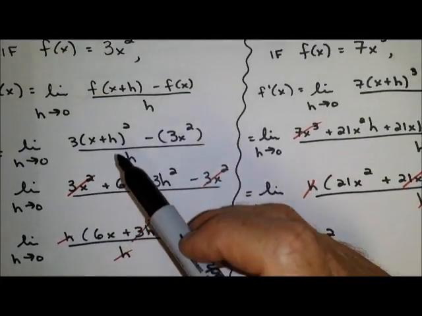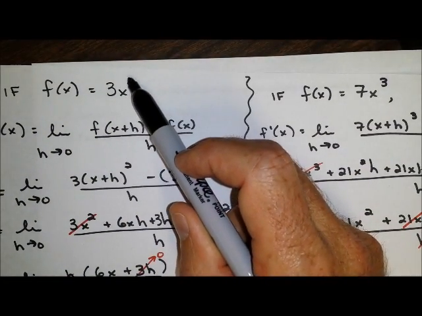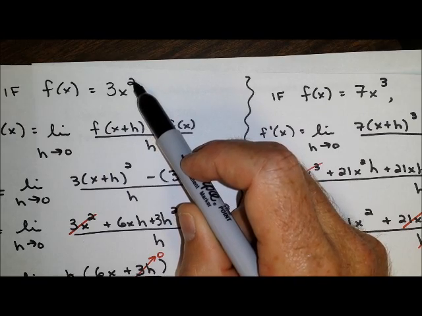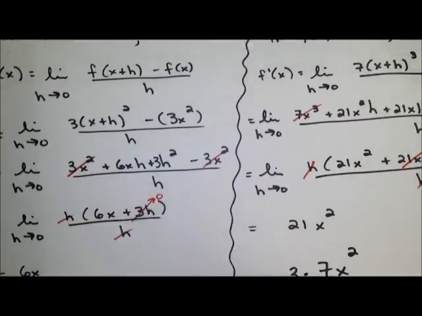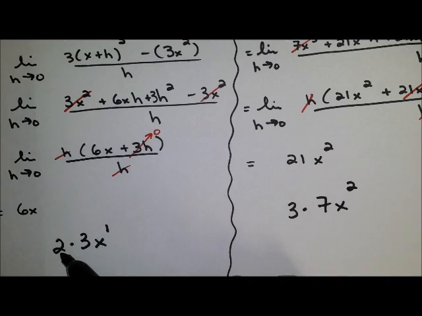Okay, and it looks like the original exponent comes out front as a multiplier right here.